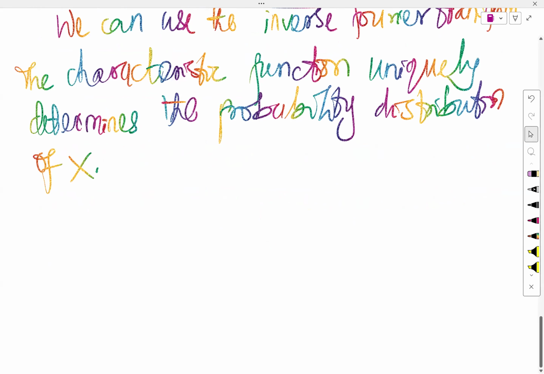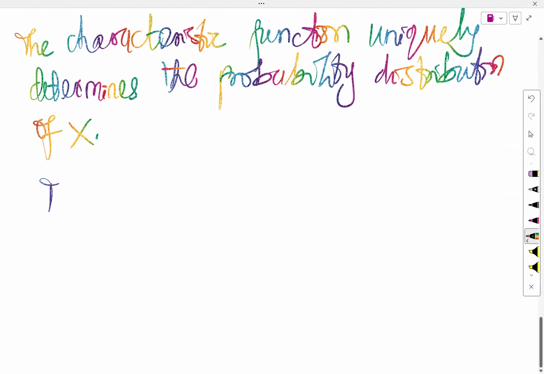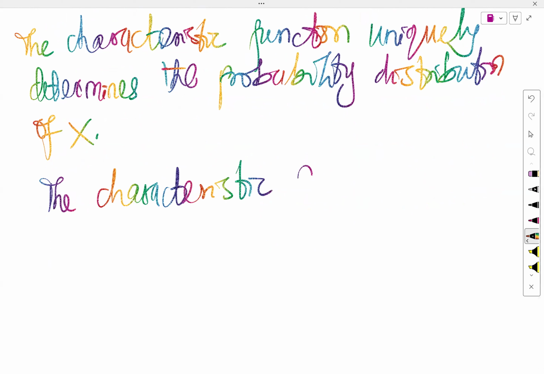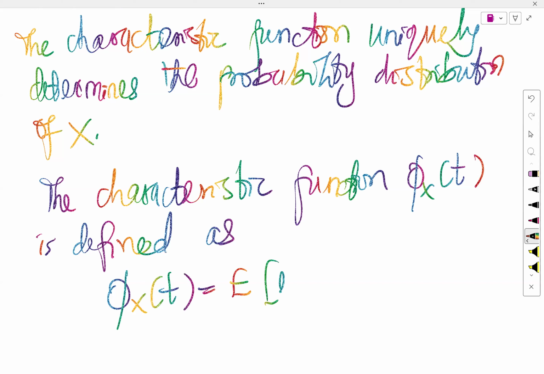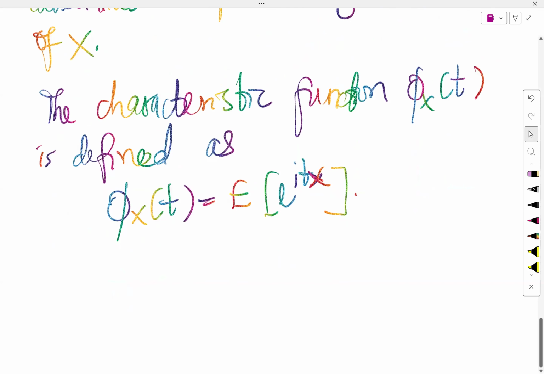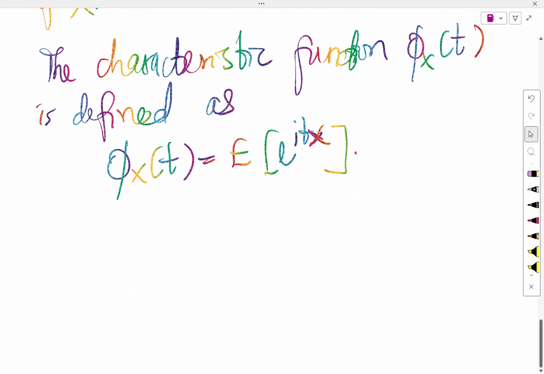But then the characteristic function phi x of t is defined as the expectation of e raised to power itX, the random variable X here now. So that's how that is defined. So knowing that, then we need to get the distribution back.